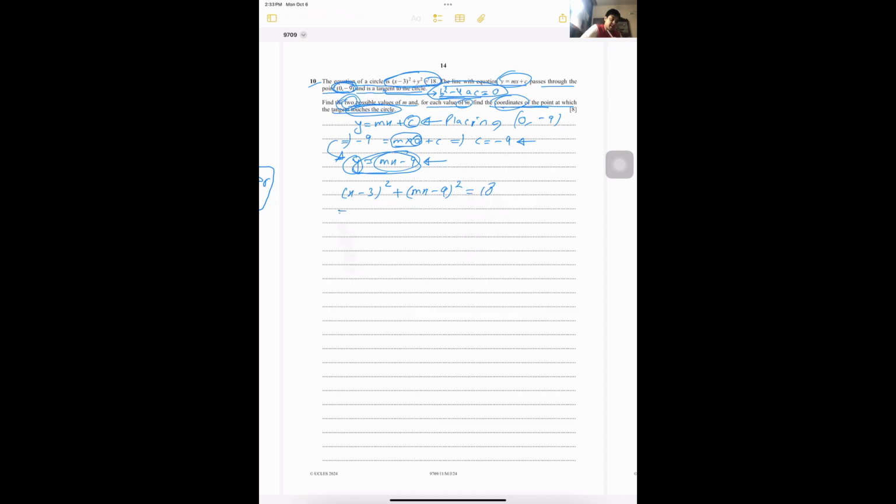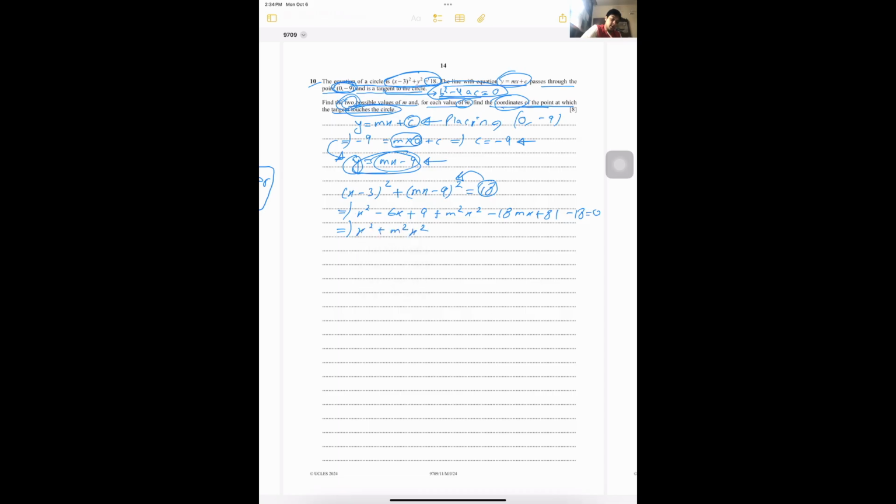Now we will expand the equation. X squared minus 6x plus 9 plus m squared x squared minus 18mx plus 81. We'll shift this to the left, minus 18 equal to 0. Again we'll write x squared plus m squared x squared.